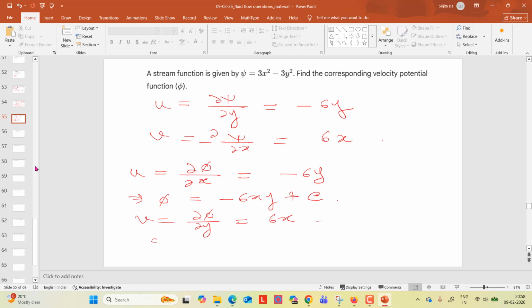That means phi equals 6xy. Oh, there's a minus, I missed it. Okay, this is minus, so minus 6xy plus c dash. So comparing both, this is the final expression: phi equals minus 6xy plus c or c double prime, whatever it is.